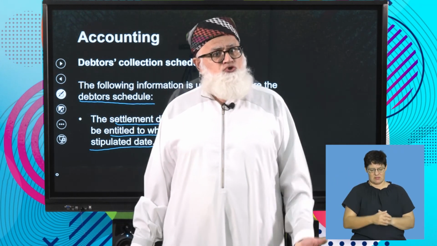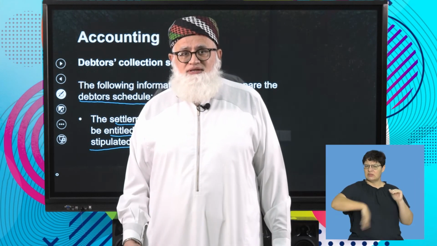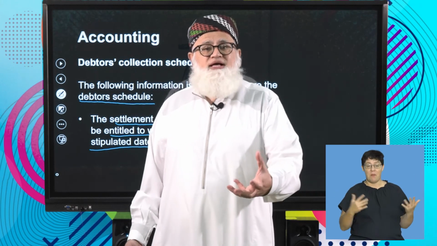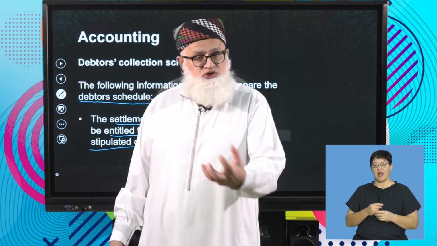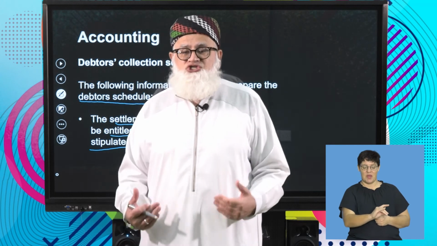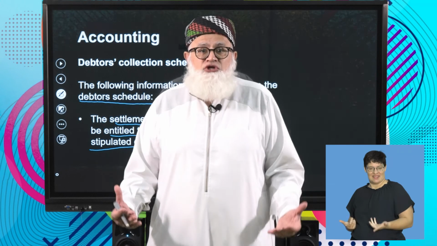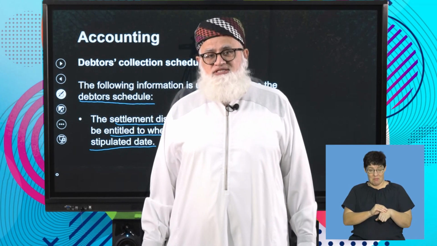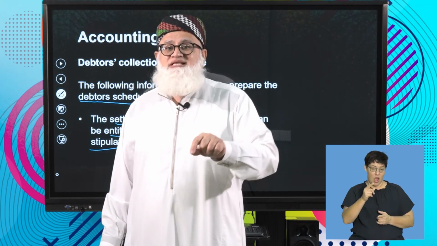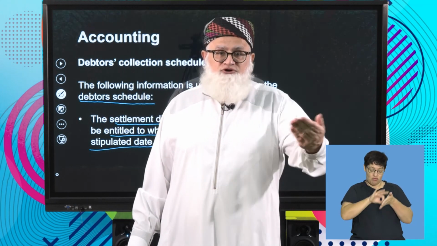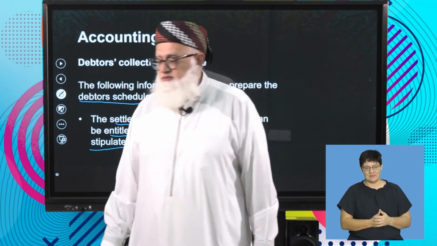Why do businesses allow for the settlement discount? It's very clear. The quicker your debtor pays you, the quicker your money is transformed into cash, and the more cash you have available, meaning you should not experience any liquidity problems. Keep this in mind. The settlement discount is stipulated in your agreement with your debtor when you initially set up the debtor's agreement.